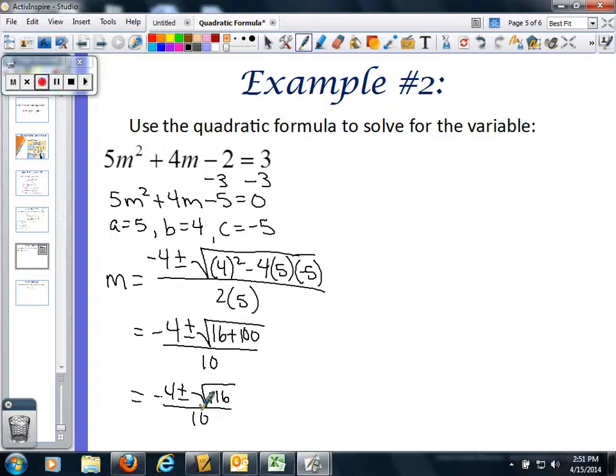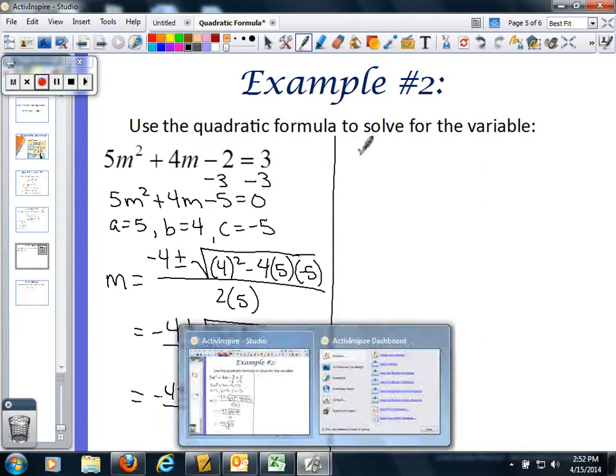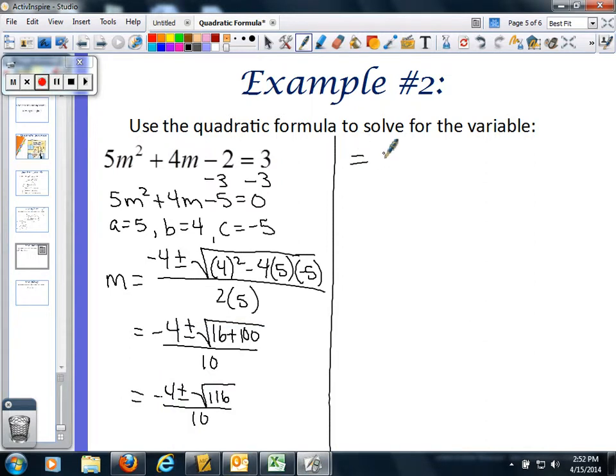Okay? Now, to show you how to simplify this, you have 116, which is divisible by 4. So I have this equals negative 4 plus or minus the square root of 4 times 29 over 10.